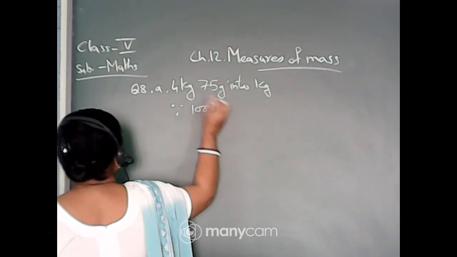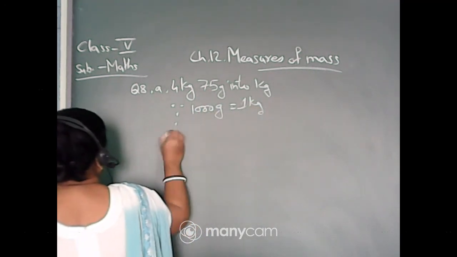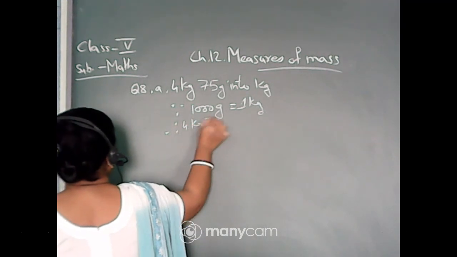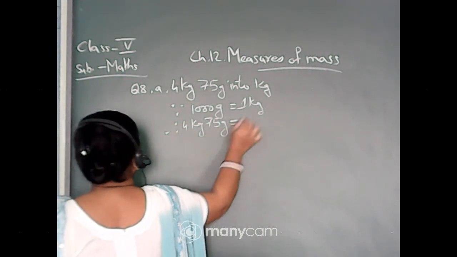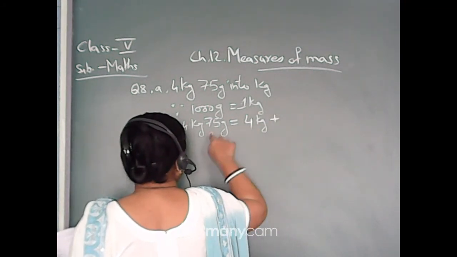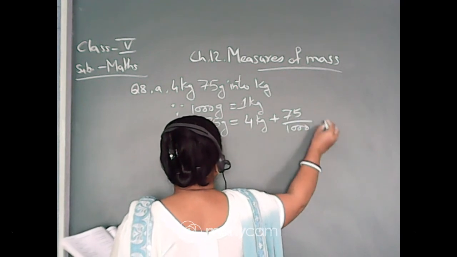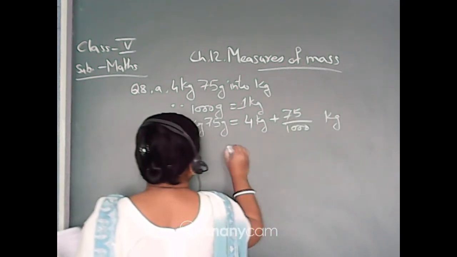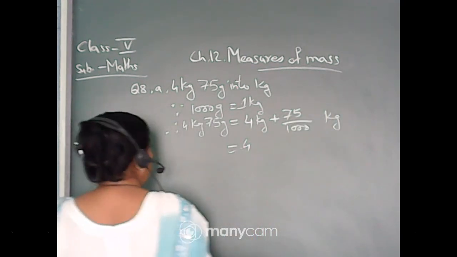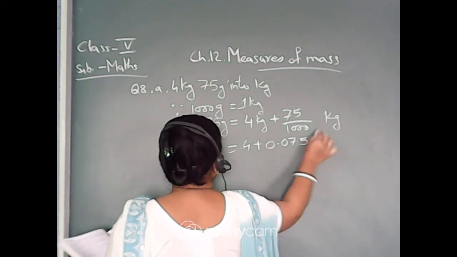What you will write? Since 1000 gram is equals to 1 kg, therefore 4 kg and 75 gram is equals to 4, it will be in kg, plus this 75 divided by 1000. Now the whole thing is in kg. So this will be 4 plus 0.075 kg.